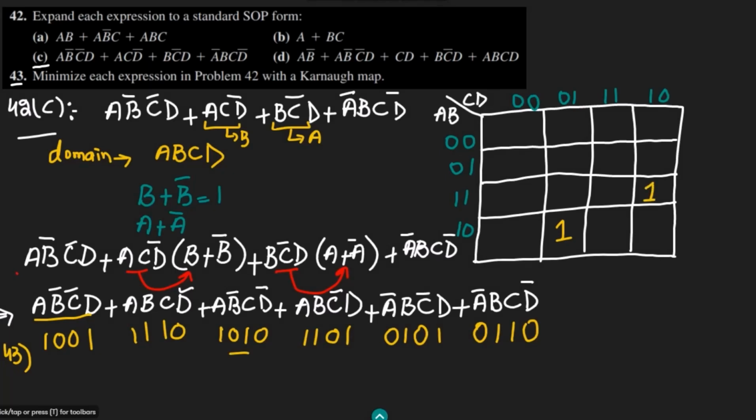This term 1010 is here. 1101 is here. 0101 is here, and 0110 is here. So these are the terms, writing all others equal to 0. So all other terms are zeros.